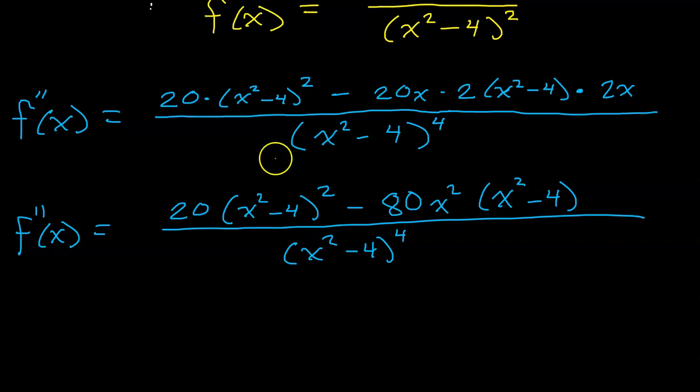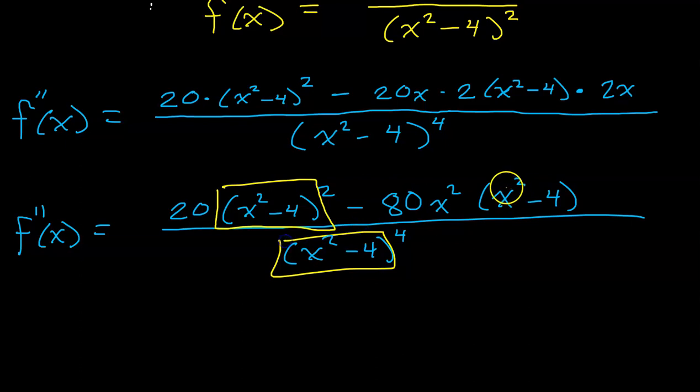Notice that we have this expression, okay? We have x squared minus 4 here, here, and here. So let's cancel one of these out. So there's a common factor in every single term, a common factor of x squared minus 4.